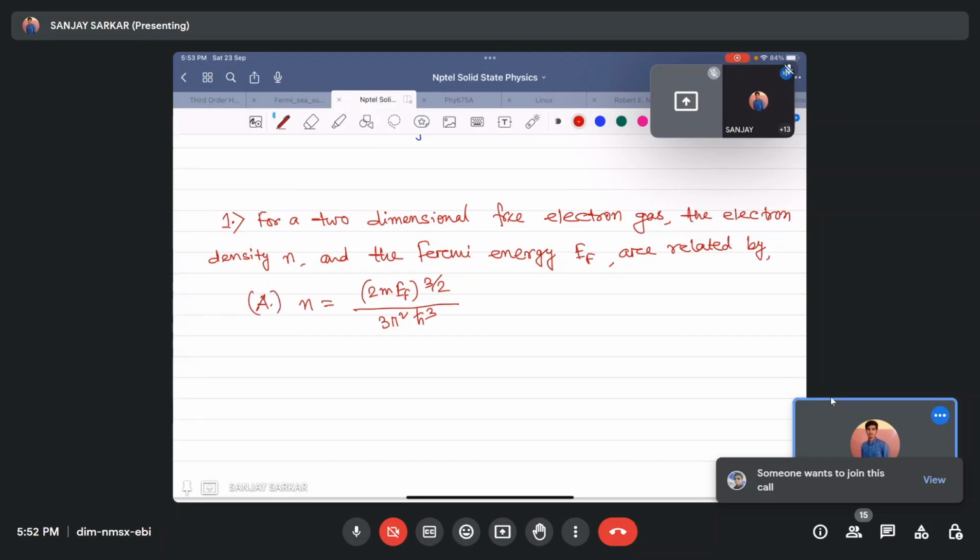Then option B is n equal to mEF divided by pi h bar square.